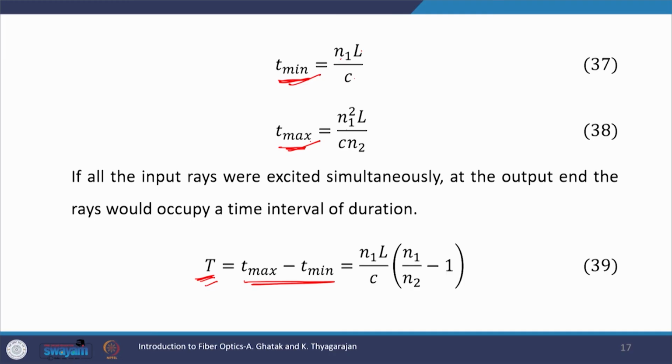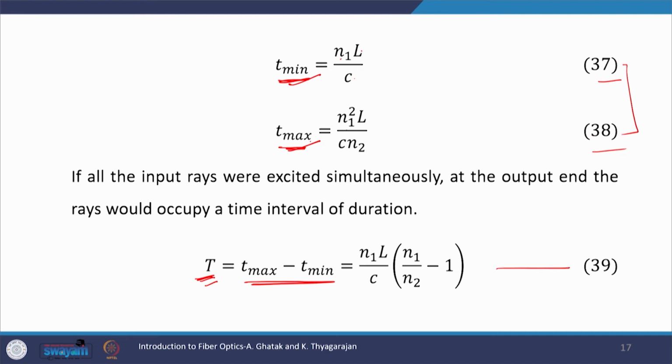The time interval between the earliest and the latest ray would be capital T, which is given by T max minus T min. After substituting the values of T max and T min from equations 37 and 38, we get equation number 39.